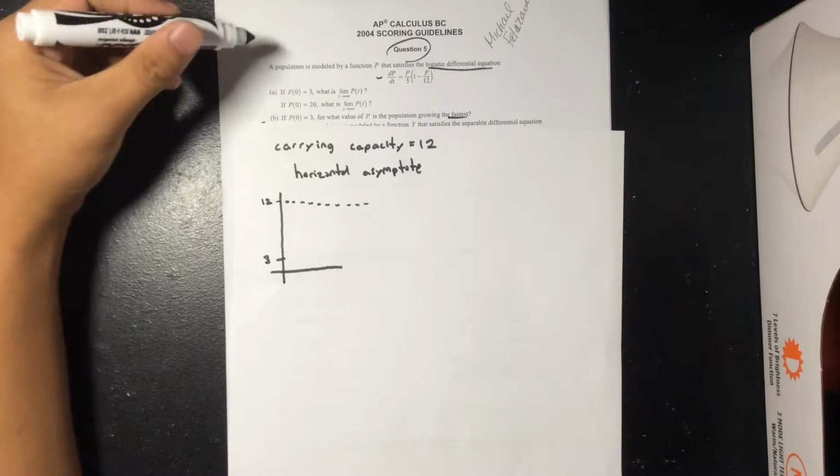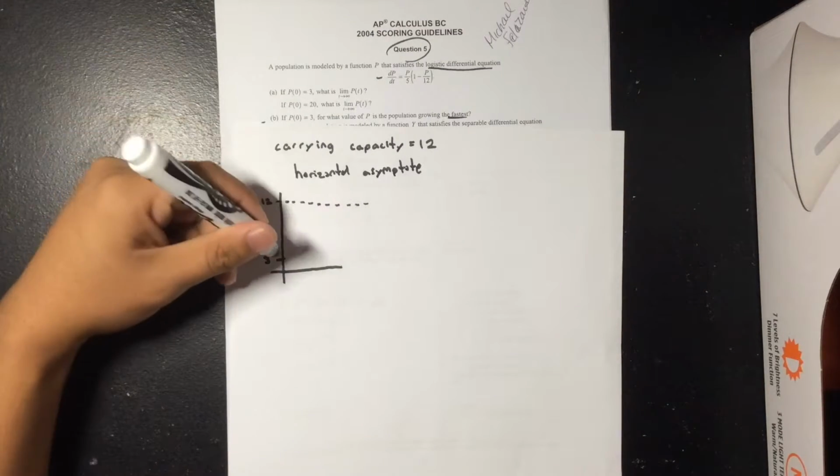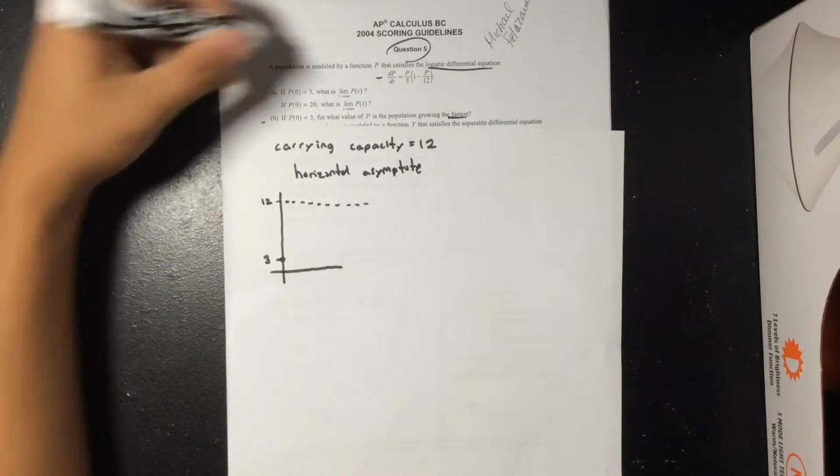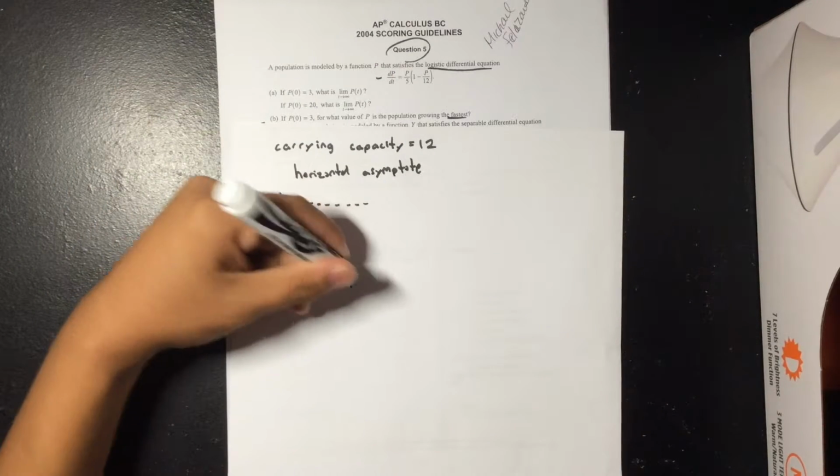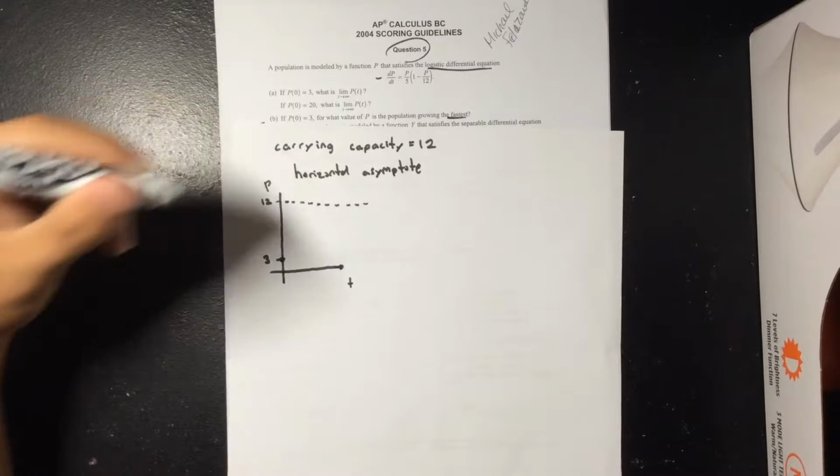Because we're trying to find, if p of 0 equals 3, so if our initial population starts at 3, what is the limit of p of t as t approaches infinity? This is t, and this is p.